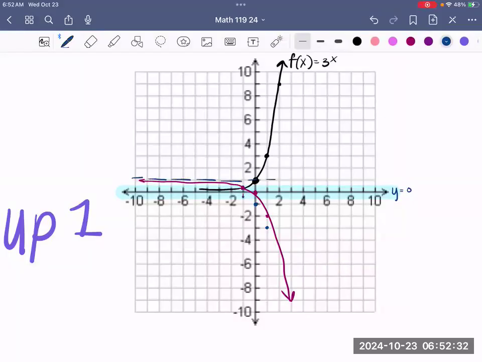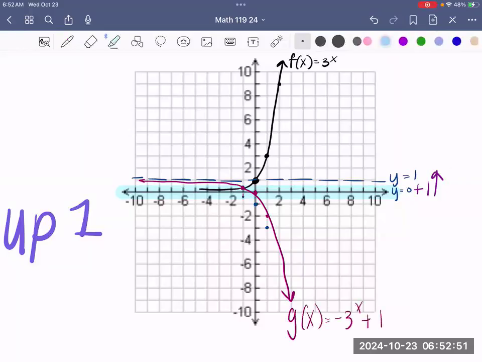So your horizontal asymptote here is now at y is equal to 1, because we're going to add 1 to your function. We said +1 here, and that is because we added 1 to transform up and down.